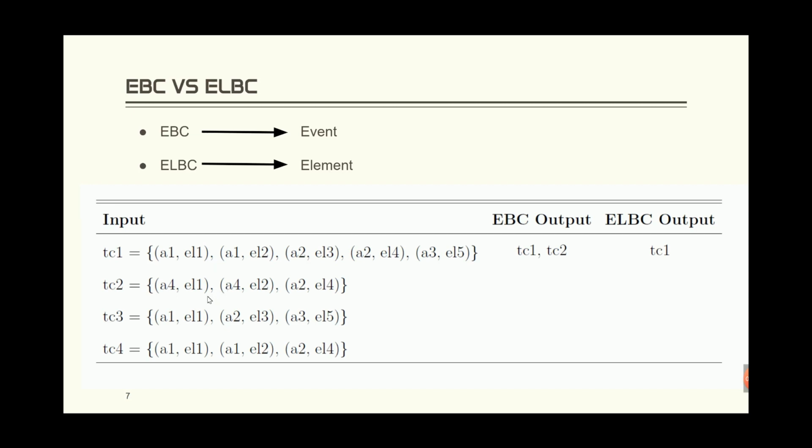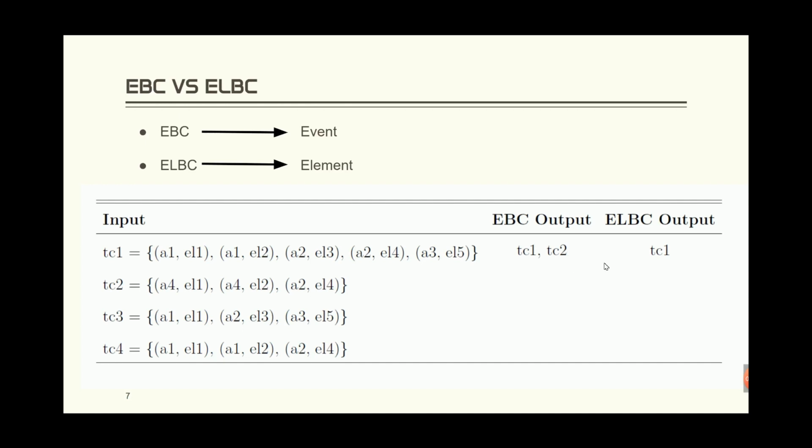Thus, following the mechanism of EBC, test case 3 and test case 4 are removed from the test suite, as I said, and the reduced suite RT will contain only test case 1 and test case 2, which represent only 50% of the original test suite.